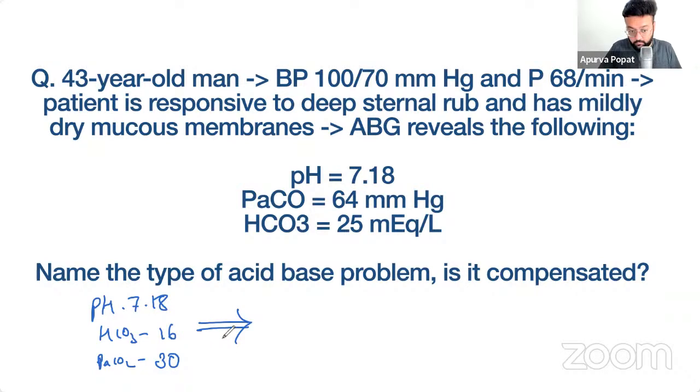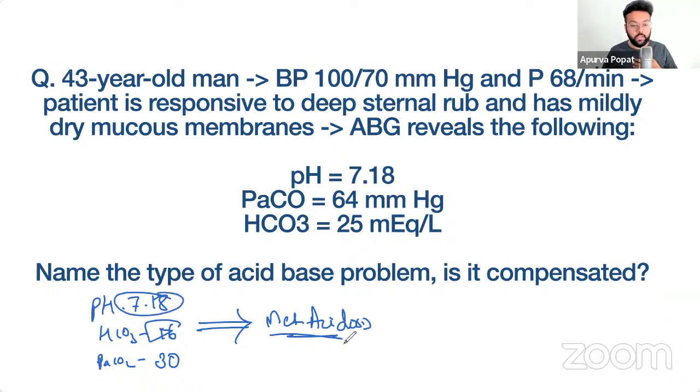Metabolic acidosis with respiratory compensation. If you have metabolic acidosis, your bicarb is less, your pH is less. Your lungs should do what? Throw out acid or retain acid? Throw out acid. That's why your PaCO2 is less.